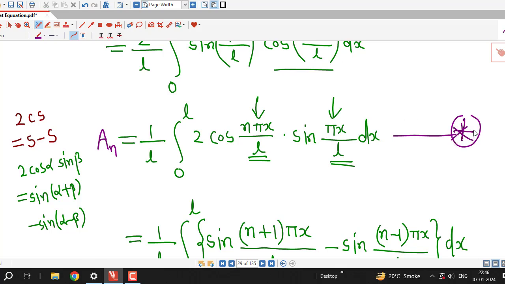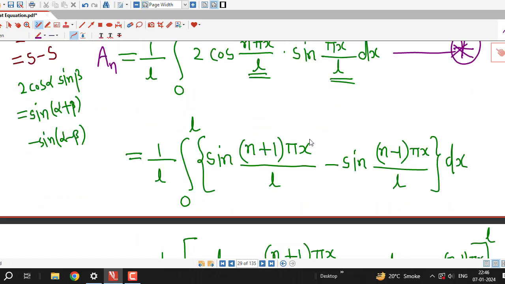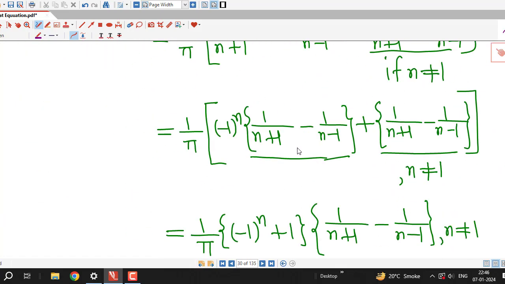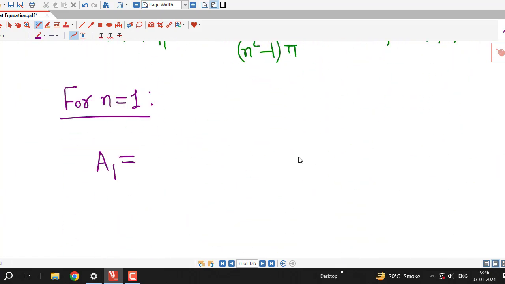Suppose I give this number star, then I will take n equal to 1 in star, and I will have a_1 equal to 1 by L integral 0 to L of 2 cos(pi x by L) sin(pi x by L). So now I am taking n equal to 1 in that equation, taking n equal to 1 in equation number star.